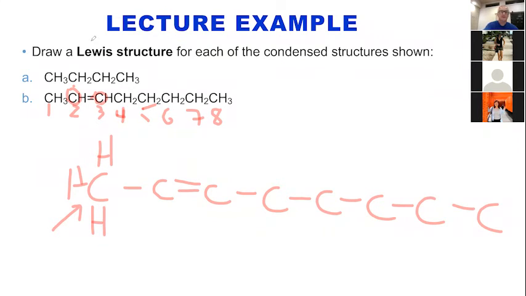So since carbon 2 and carbon 3, how many bonds are carbon 2 and 3 making at this point? Yeah, they're making 3 each. So they only have room for 1 hydrogen. The rest of them in the middle of the chain have room for 2.